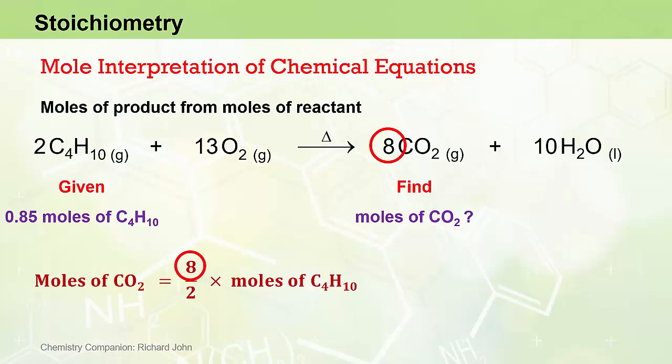That's the stoichiometric coefficient of the substance we are trying to find information about, divided by the stoichiometric coefficient of the substance we've been given information about, in this case 2 being the stoichiometric coefficient of butane. And we multiply that ratio by the starting moles of the given substance, which is 8 on 2 times 0.85 moles of butane, and using our calculator, we get the answer that 3.4 moles of carbon dioxide could be produced from 0.85 moles of butane.